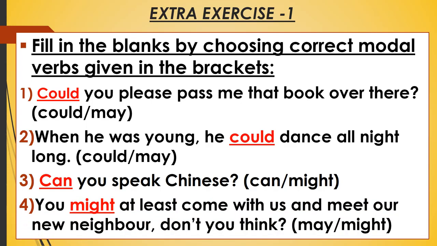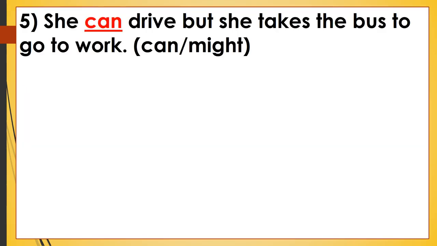Number 4. You dash at least come with us and meet our new neighbor. Don't you think? Here, might is used to show smaller degree of possibility. Number 5. She dash drive, but she takes the bus to go to work. Here, can is used to show present ability.